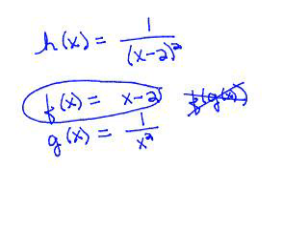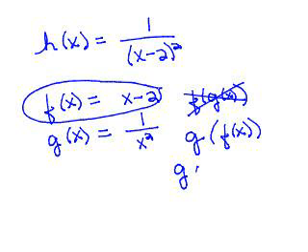Cross that out. This is the inside function. So the f of x is going on the inside. And then, after we calculate that, we square it and divide it into 1. So there's our composition. So another way you could see that is like this. Those two would mean the same thing.